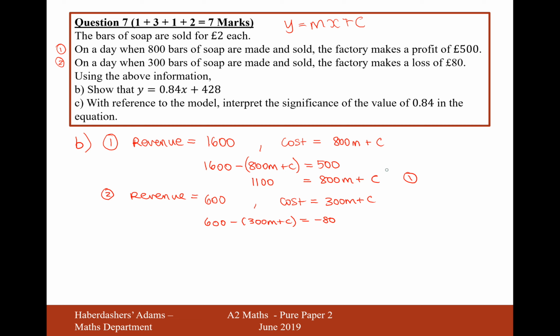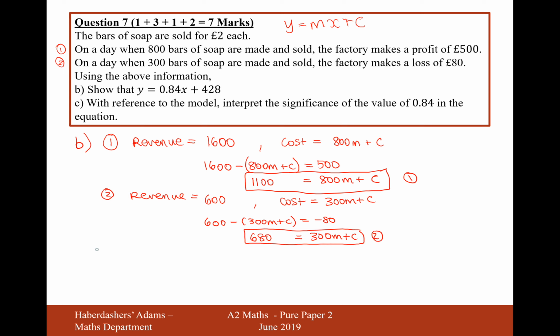So the second simultaneous equation is going to be 680 equals 300m plus c.